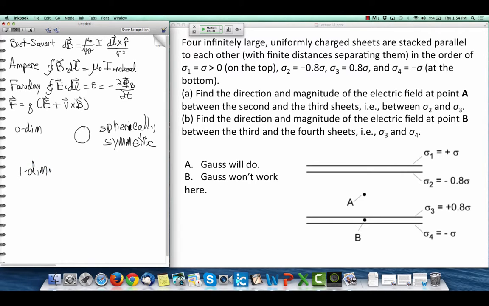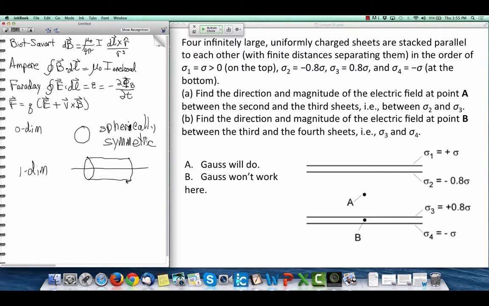One-dimensional objects are like an infinite line of charge. An appropriate Gaussian surface is perhaps a cylinder around that infinite line of charge.